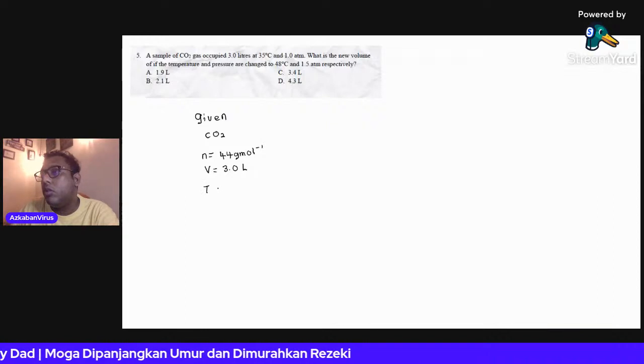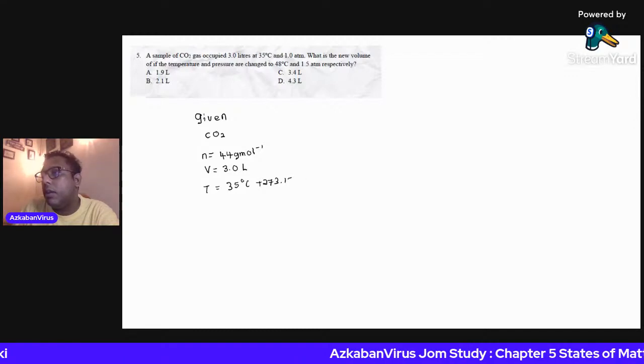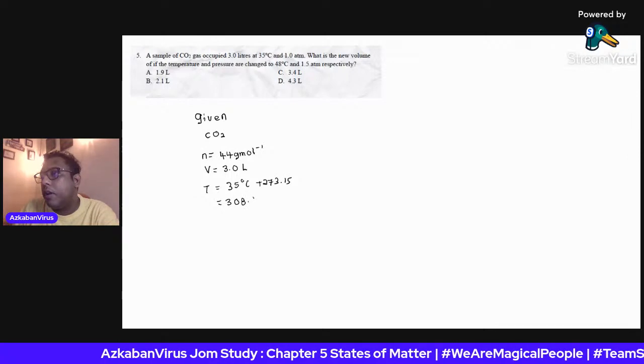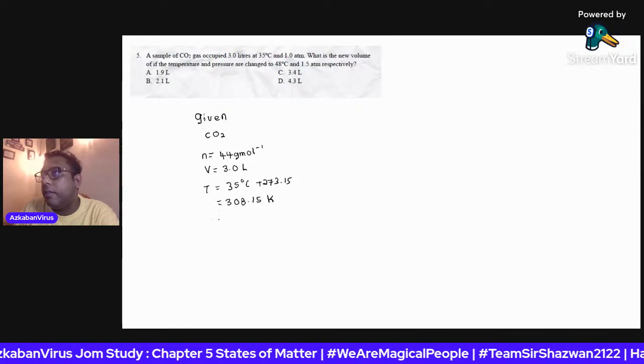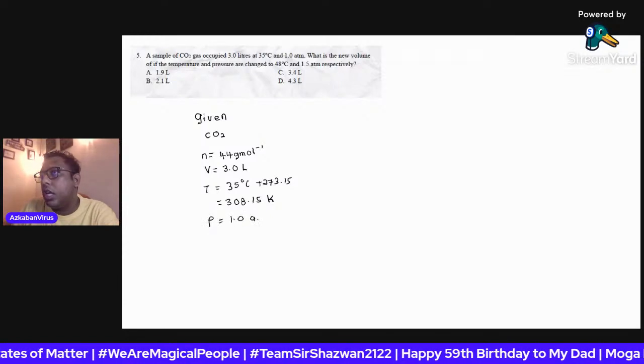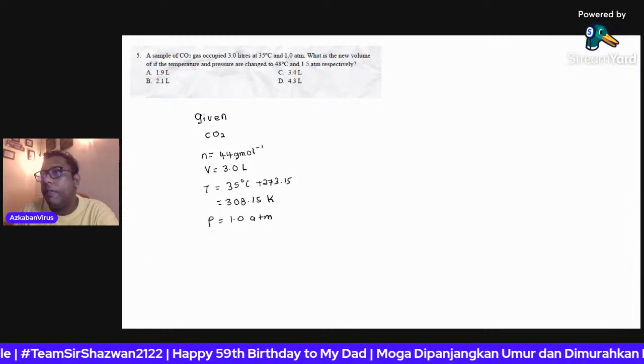T is equal to 35 degree Celsius tambah 273.15, which is equal to 308.15 Kelvin. P kita adalah 1.0 atm. Okay.